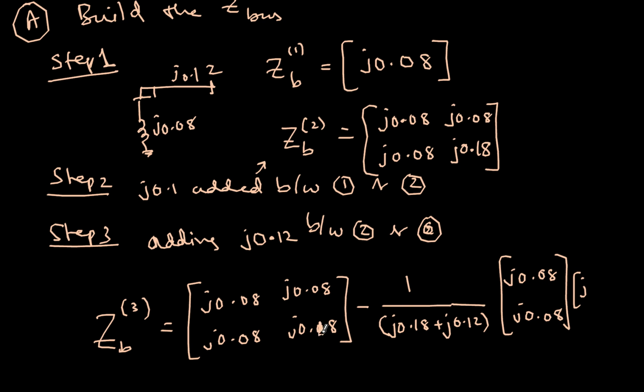I think this is 18, sorry. So this is also 18, 0.08, and then J 0.18. So I believe this is the formula for doing that.